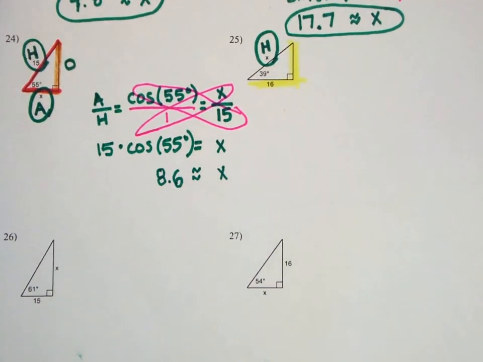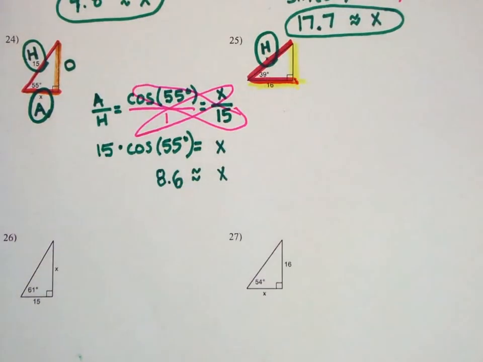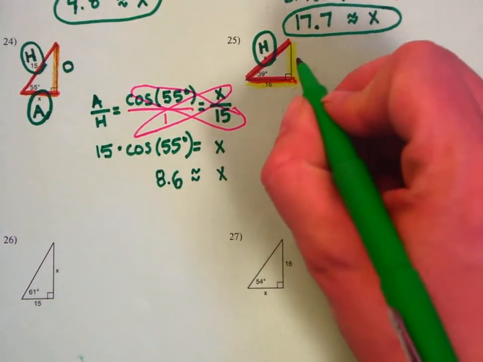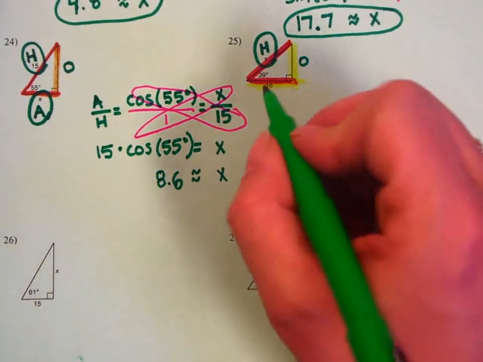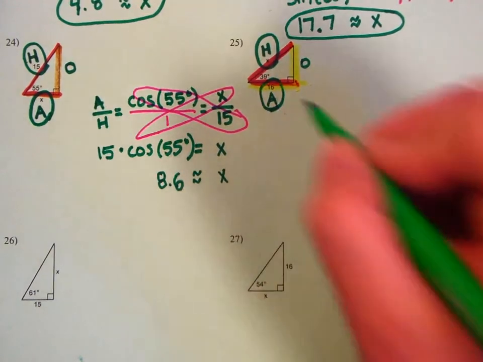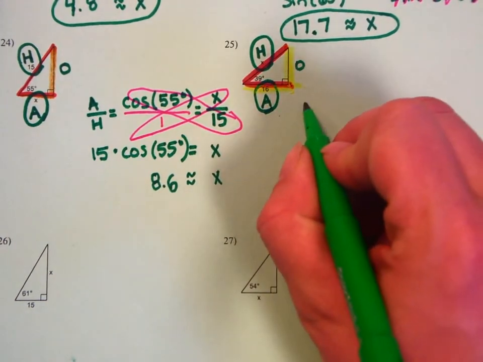Okay, now I'm going to shade the two sides of my angle in question. And that tells me that my opposite is blank, which means 16 is my adjacent. Very good. Adjacent and hypotenuse make cosine.